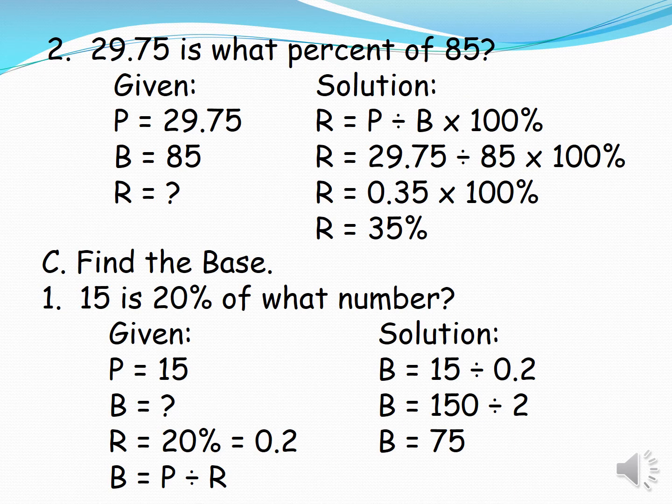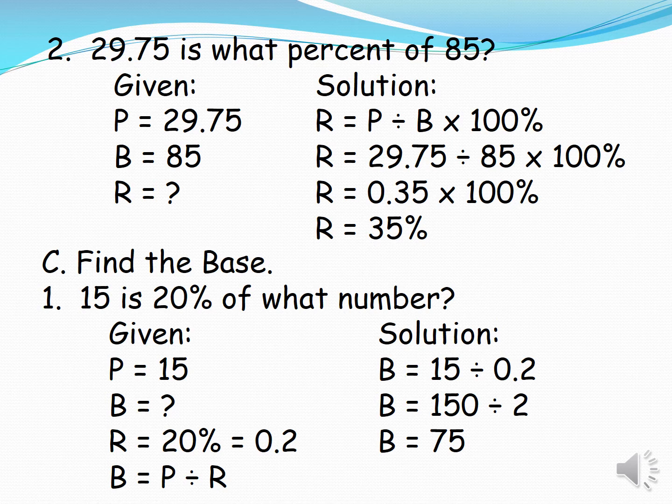Number 2. 29 and 75 hundredths is what percent of 85? Given percentage is equal to 29 and 75 hundredths, base is equal to 85, and rate is unknown. Solution: rate is equal to percentage divided by base times 100%.